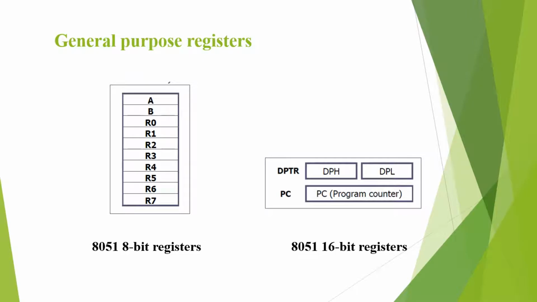Out of these, register A, B and the registers R0 to R7 are 8-bit registers of the 8051, whereas the data pointer register and program counter are 16-bit registers.